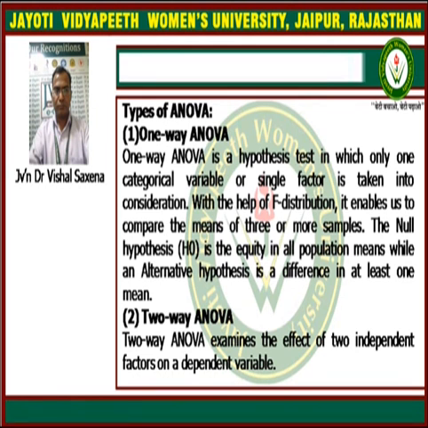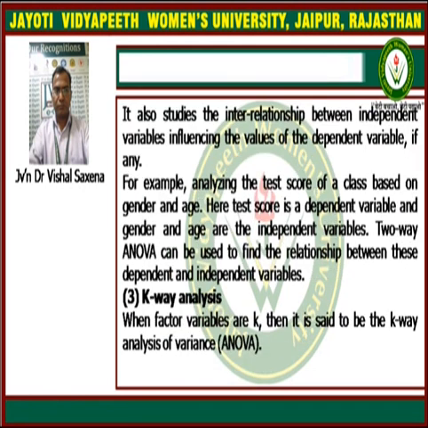Next we take the two-way ANOVA. The two-way ANOVA examines the effect of two independent factors on a dependent variable. So in this ANOVA, the effect of the two independent factors on the one dependent variable can be examined. It also studies the interrelationship between the independent variables influencing the values of the dependent variable, if any.